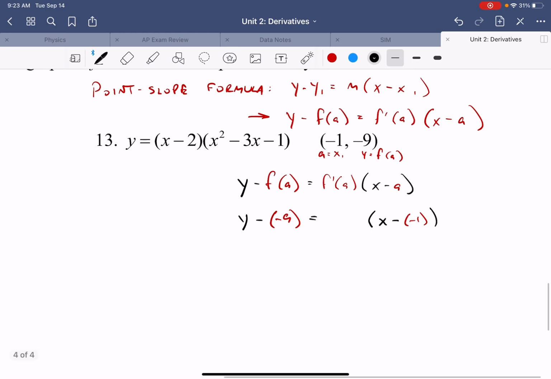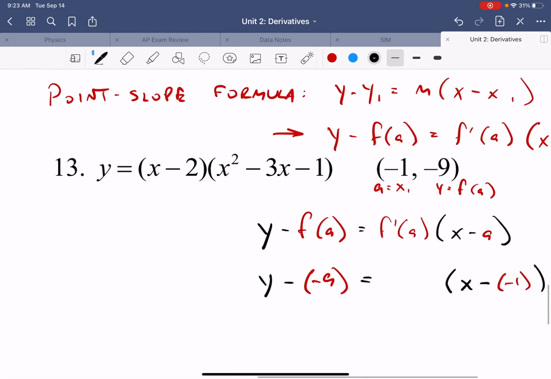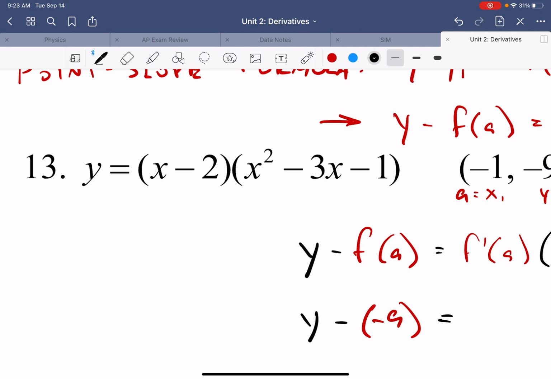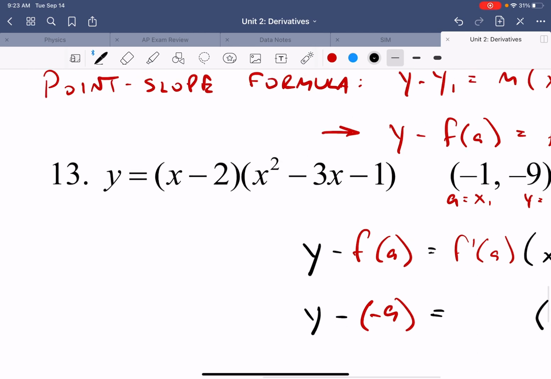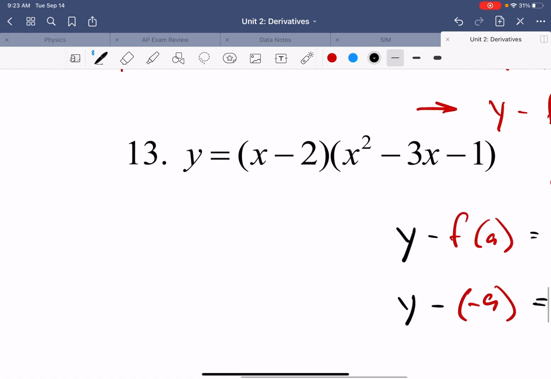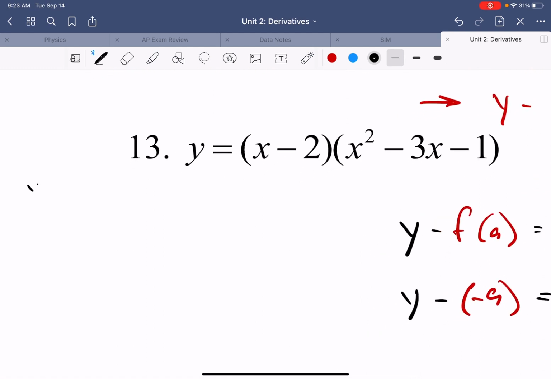So to find f prime of a, well, first I need to figure out what's f prime of x. So to do that, I'm going to go back to my function, x minus 2, and then that parentheses is multiplied with x squared minus 3x minus 1. And I'm going to use the product rule to find that derivative. So product rule says that I take the derivative of the first parentheses.